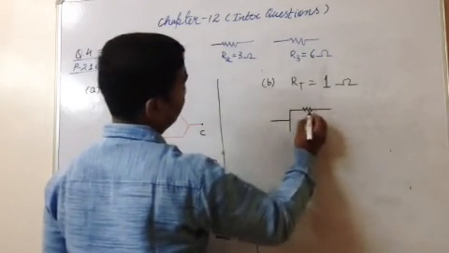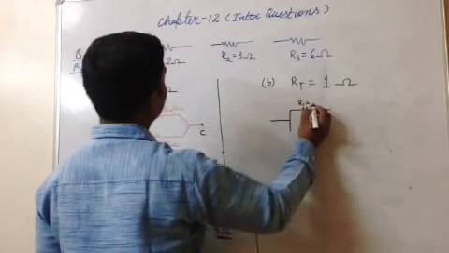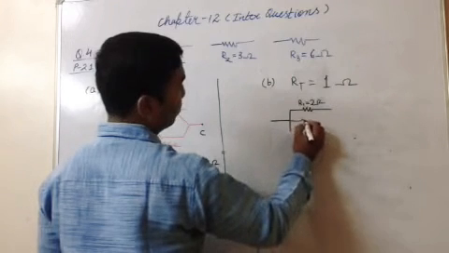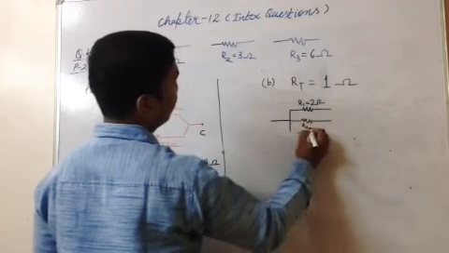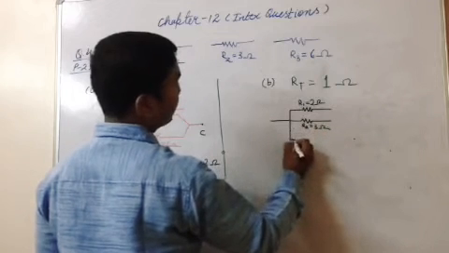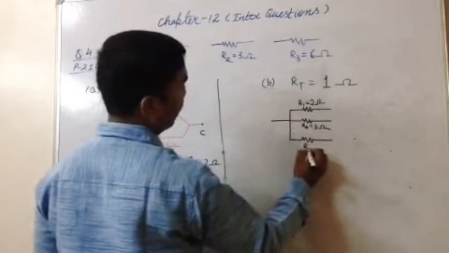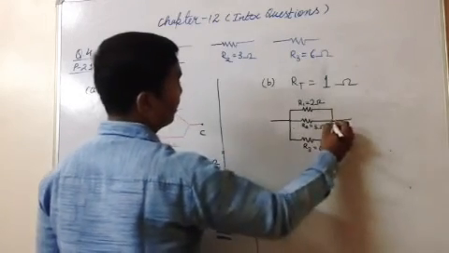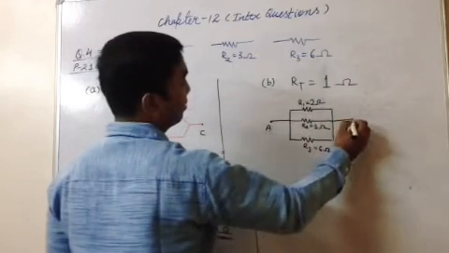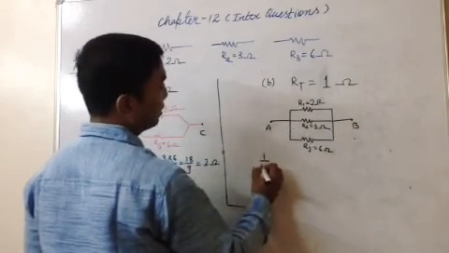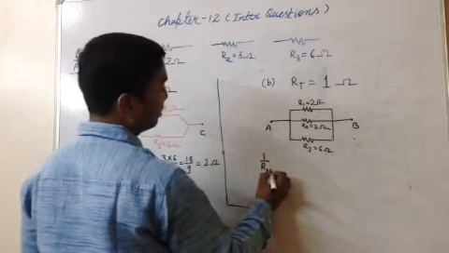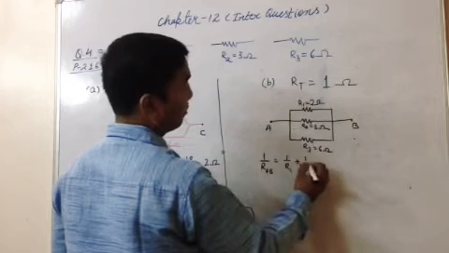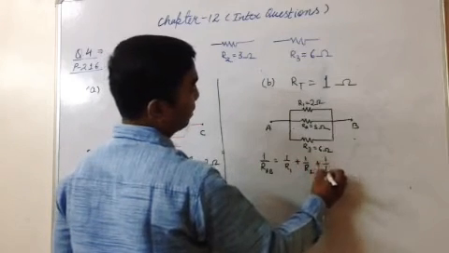This is R1 and R1 is 2 ohm. This is R2 and R2 is 3 ohm and this R3 is 6 ohm. If we connect these resistors between points A and B, then we check what resistance we are getting. 1 upon RAB equals 1 upon R1 plus 1 upon R2 plus 1 upon R3.